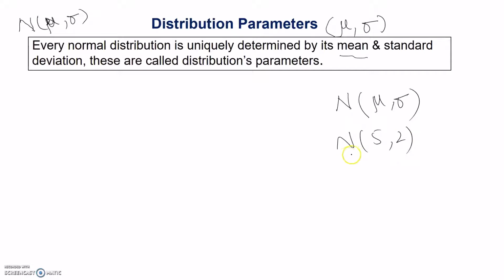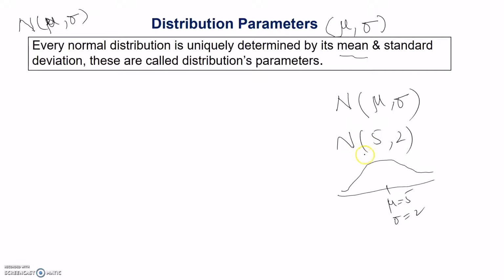It means I'm talking about a normal distribution which has a mean of 5 and a standard deviation of 2. I can draw that like this. That's the meaning of this notation. In some textbooks they use this notation, but probably not in our textbook. So these are the parameters.